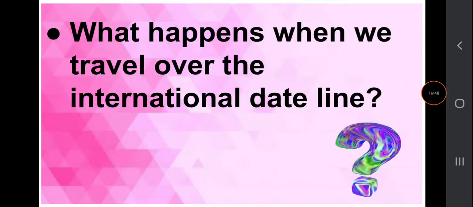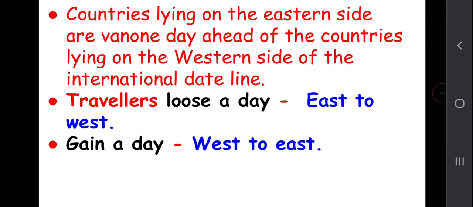While crossing the international date line from the east to the west, travelers lose a day. When they go from the east to the west, they lose a day, and those crossing from west to east gain a day. Okay? To avoid this confusion, this line has been drawn in a zigzag manner so that it does not pass through any country.